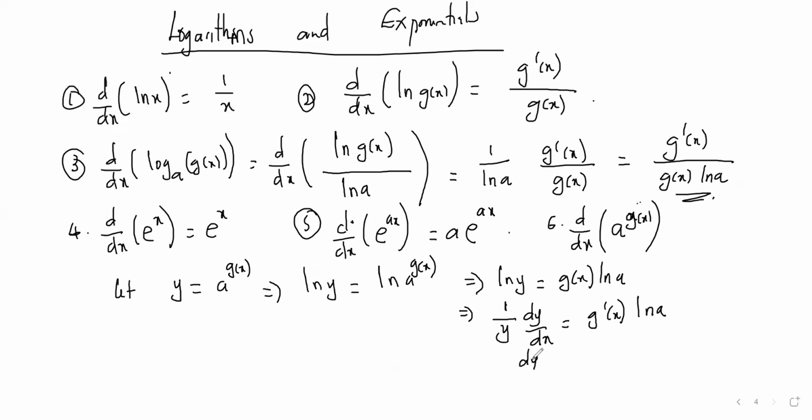Multiplying by y means dy/dx is a^(g(x)) times g prime, and then ln a. So this will be the function, like that. You don't get much worried there. You get them as in the general cases.